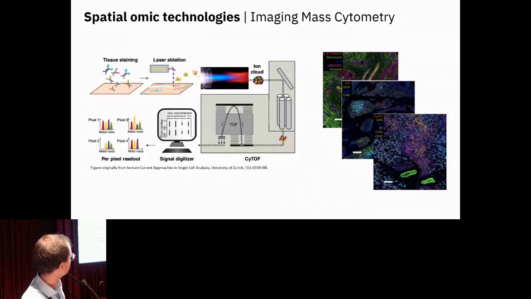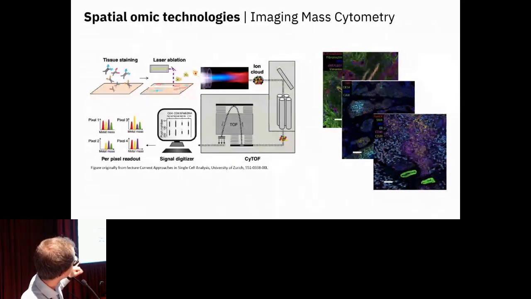Here I would like to quickly talk about one of those technologies, the imaging mass cytometry technology, to give you an impression of how the whole workflow is to produce the data. So here at the top left, you can see a tissue sample in orange or red. This square is then stained by a panel of antibodies that is labeled with isotopes.